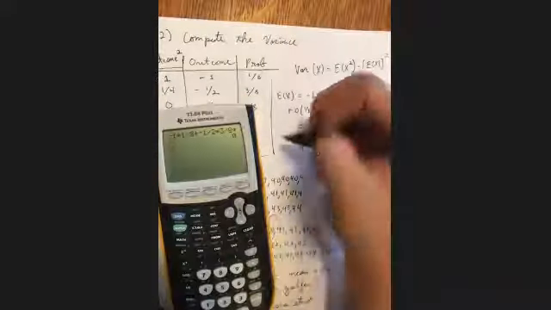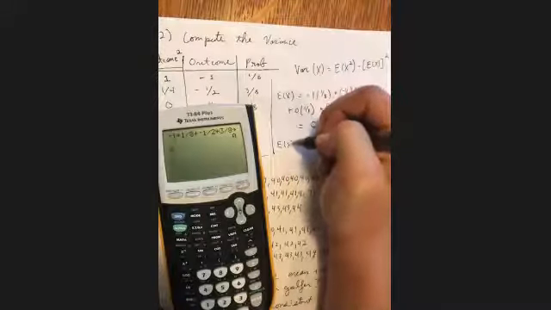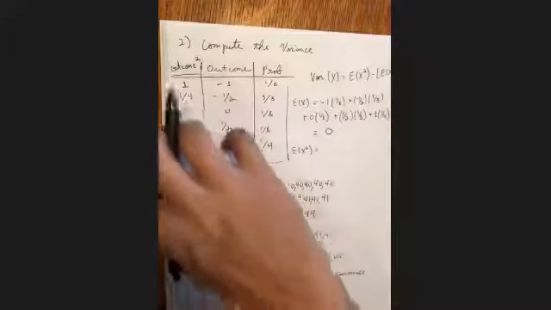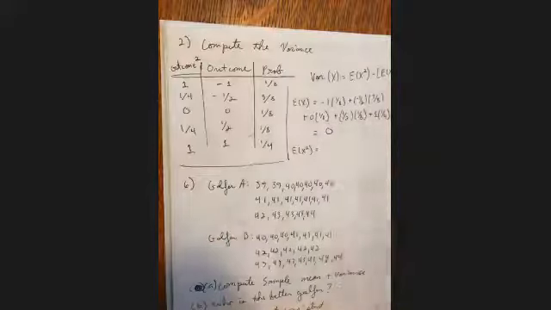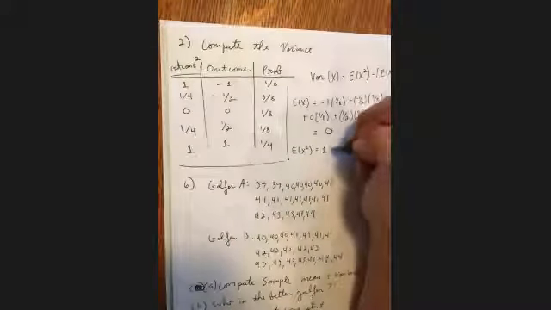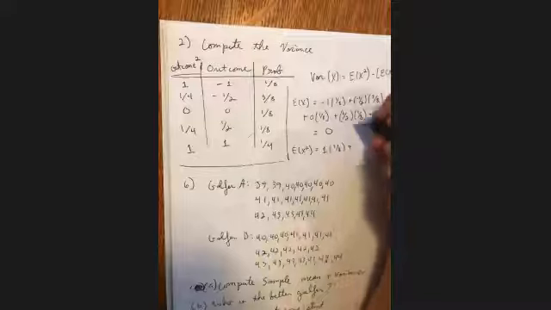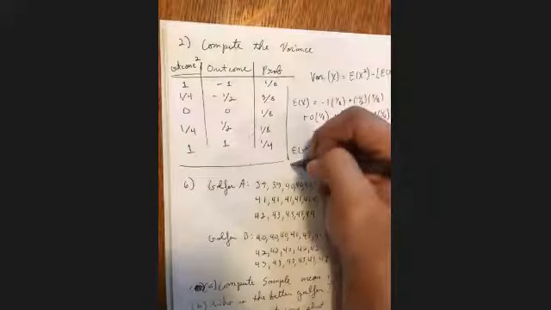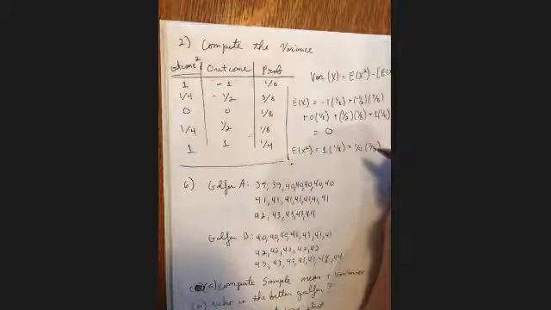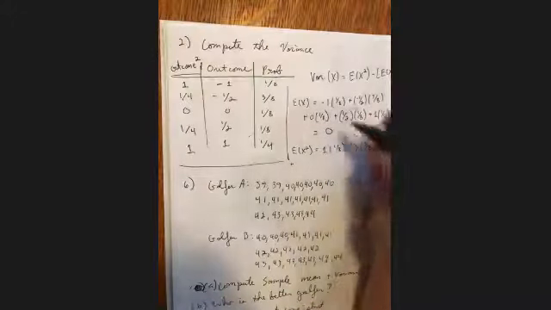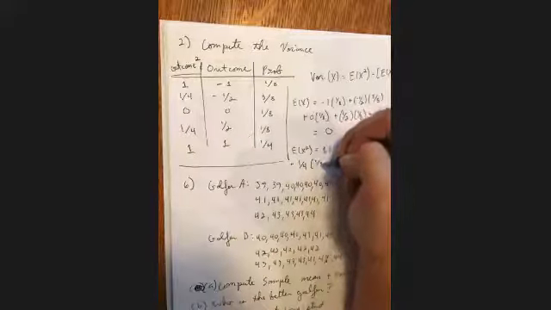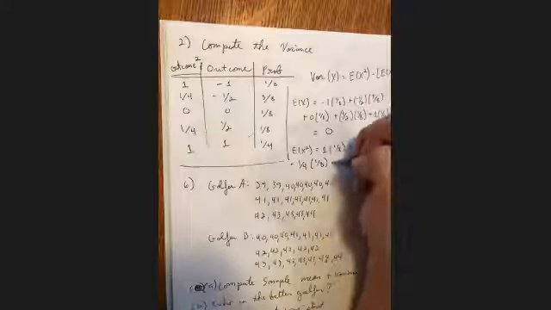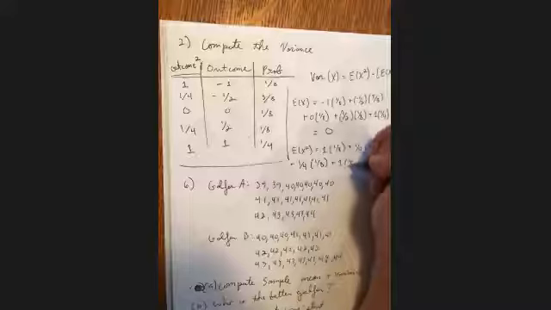Now we find the expected value of x squared. Here we use all the squared values, but the same probabilities. So 1 times 1/8 plus 1/4 times 3/8 plus 1/4 times 1/8 and then 1 times 1/4. Anytime I get a 0, I'll just leave it out because it's not going to add anything to the sum.